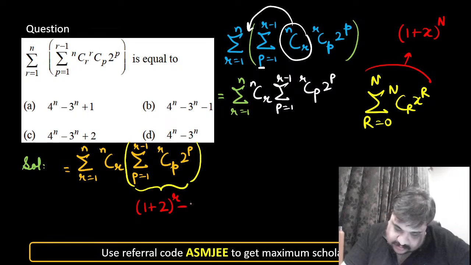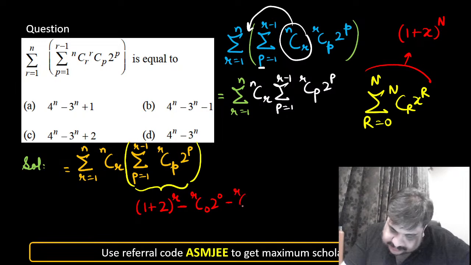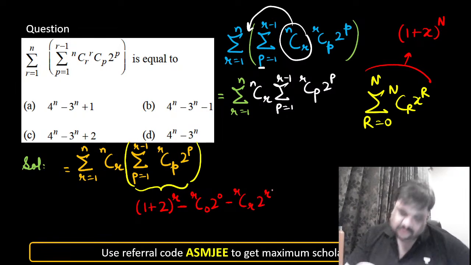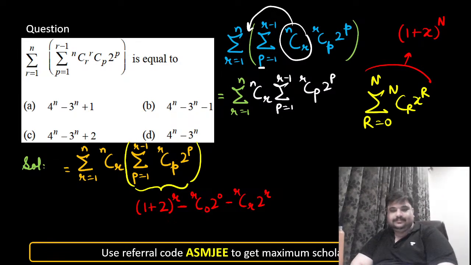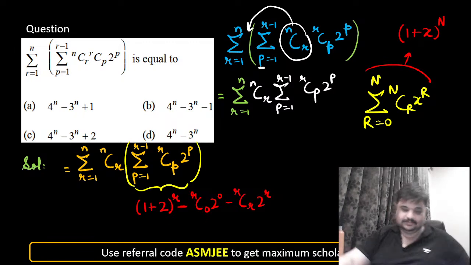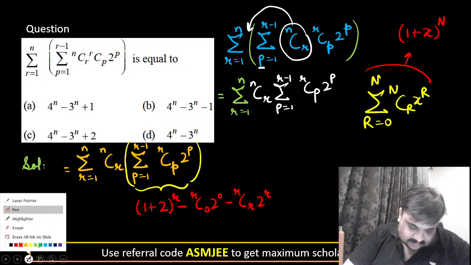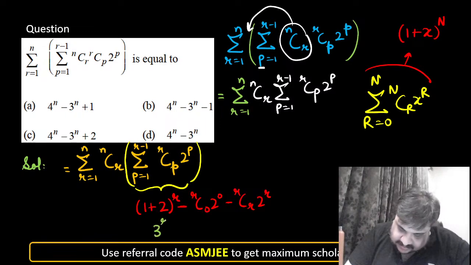P equal to 0 and P equal to r. These are two missing terms. Which is 3 raised per r minus 2 raised per r minus 1.